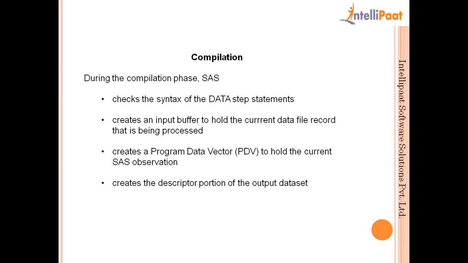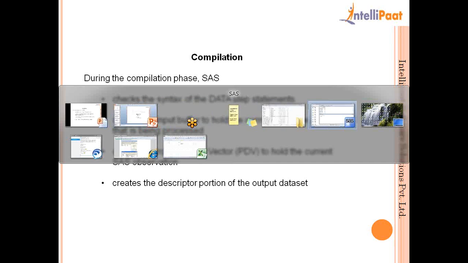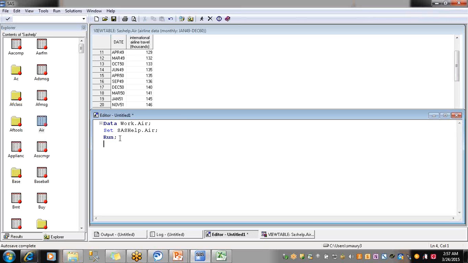In order to see that again, we can go back to the SAS environment, and I will write another proc, let's say proc, and then I will say data equals work.air. Sorry, I need to give the name of the proc, that is proc contents, and I will say run.